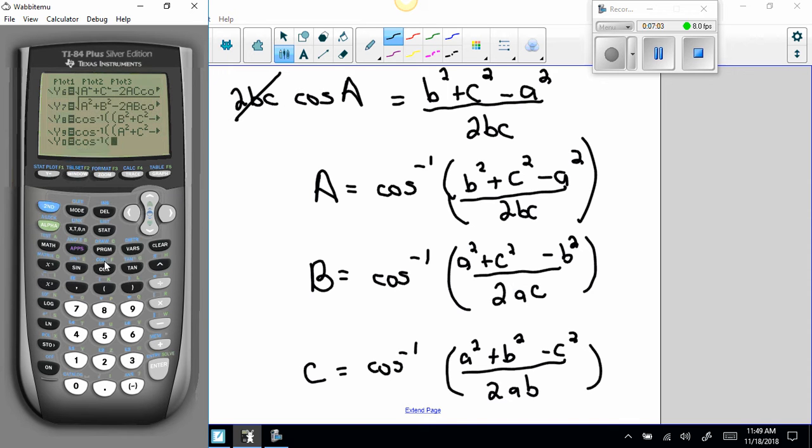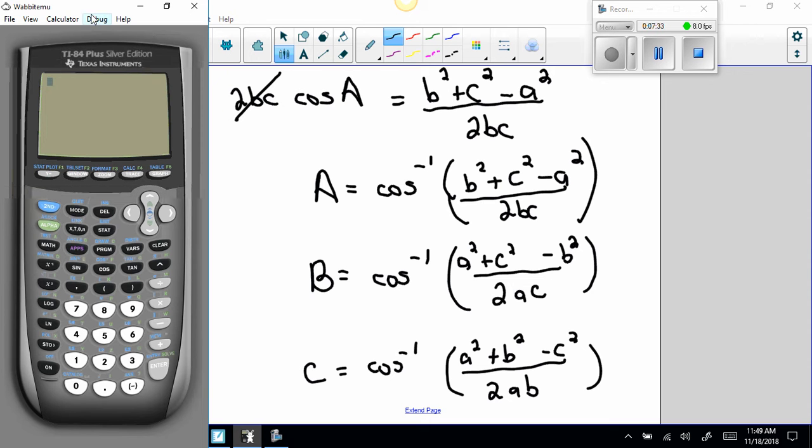Let's see how I do this time. Parenthesis for the numerator. Alpha A squared plus alpha B squared minus alpha C squared, parenthesis, divided by parenthesis 2 alpha A alpha B parenthesis. Whew! All right, loaded up my 6.